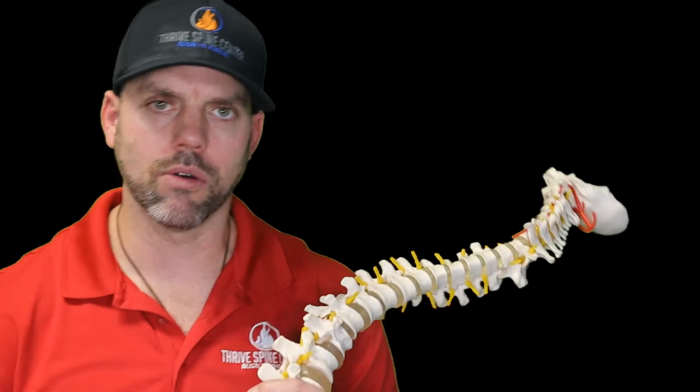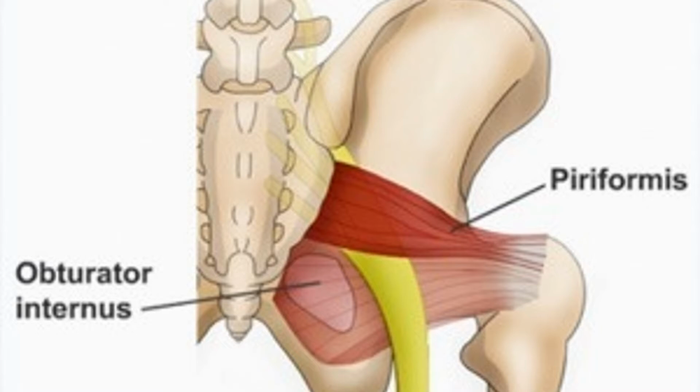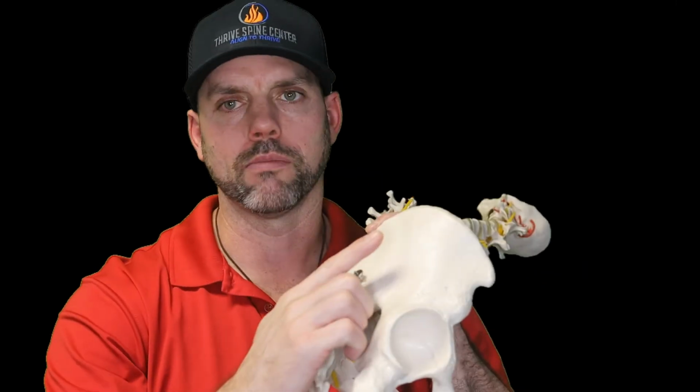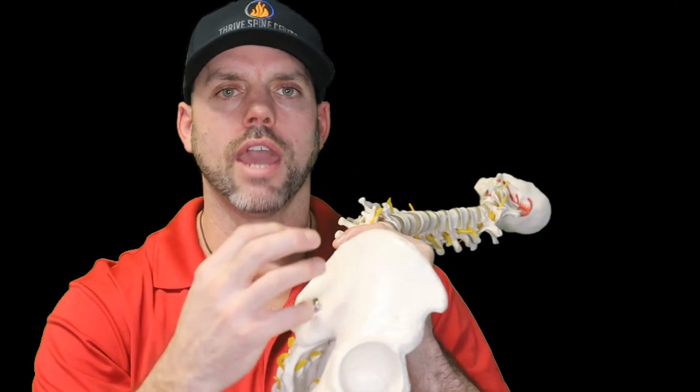The other thing that could be going on is what's called piriformis syndrome, where the piriformis has gotten tight. The sciatic nerve crosses right underneath the piriformis muscle, which is right in here, okay? And that's tightened up, and that's putting pressure on the sciatic nerve and causing that to happen as well. But I'm gonna give you top 2 stretches to alleviate that nerve pain, okay?